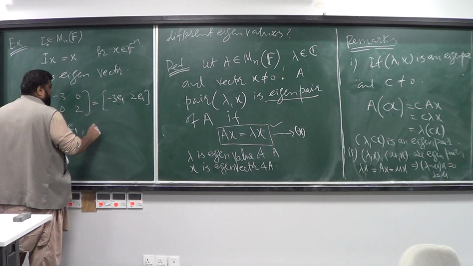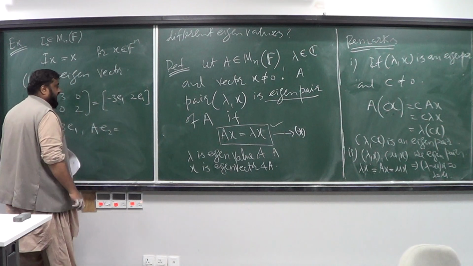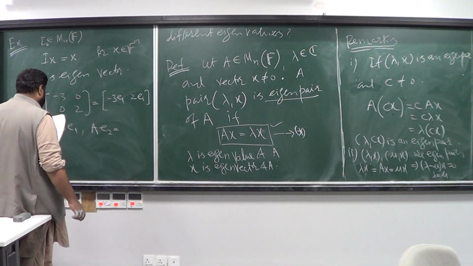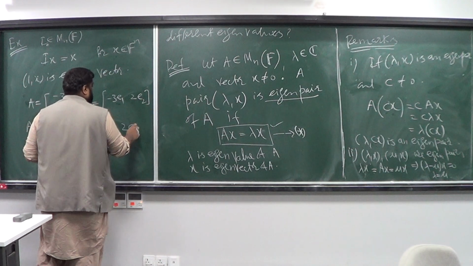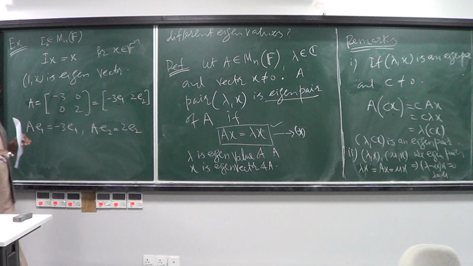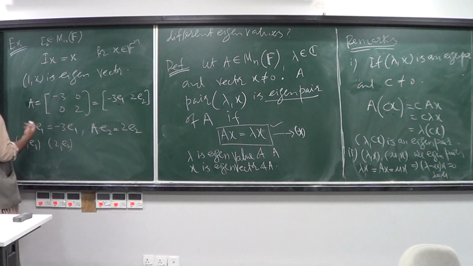And if you take the matrix A and multiply it with E2, you're going to get a vector which is 2E2. So what does this show? This shows that -3E1 and 2E2 are the two eigenpairs of the matrix A.